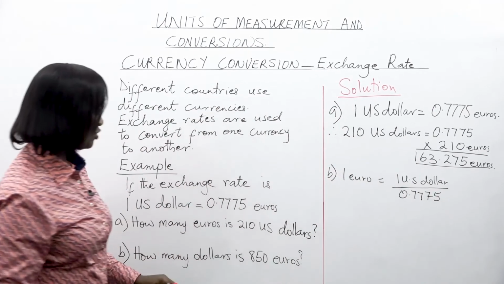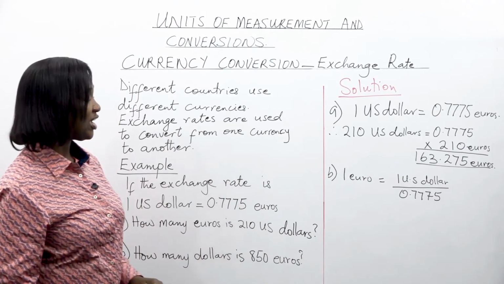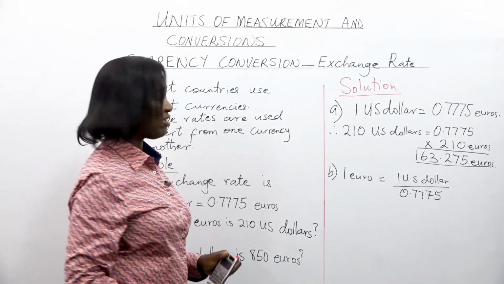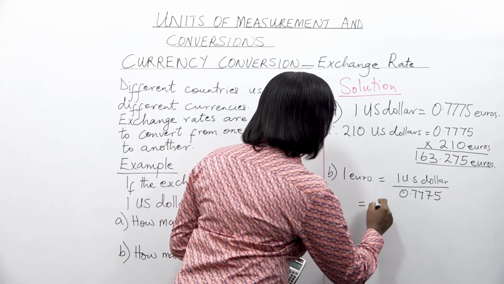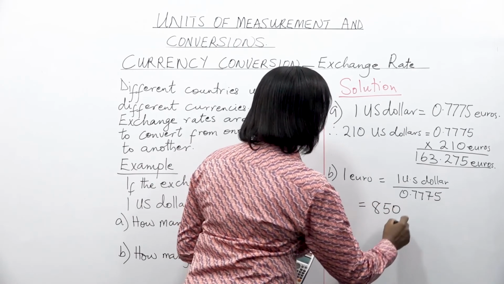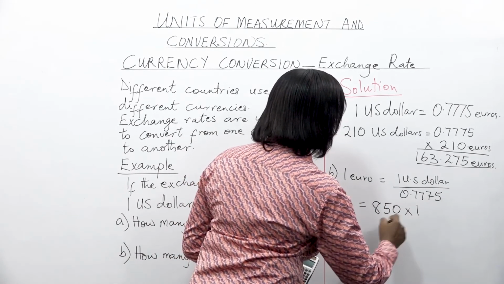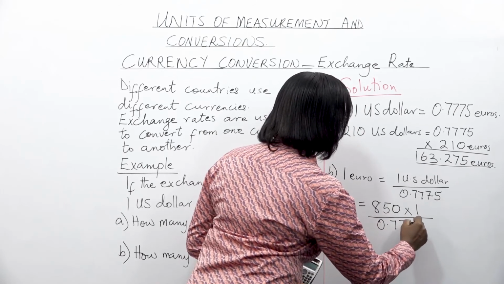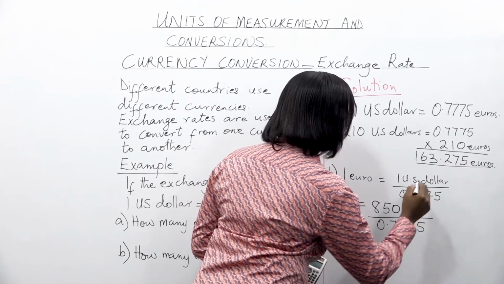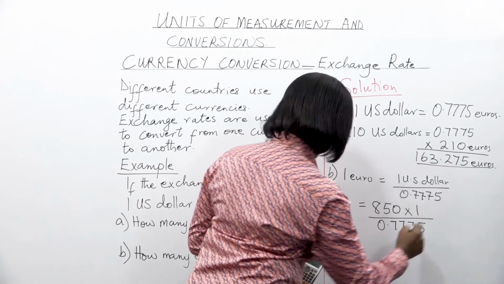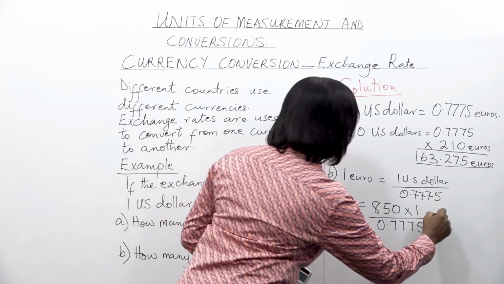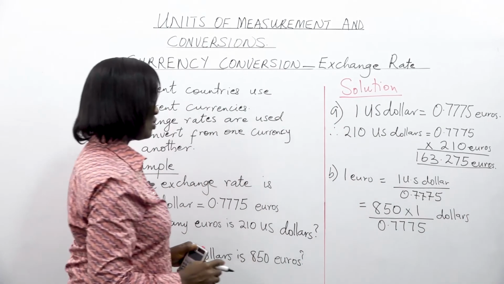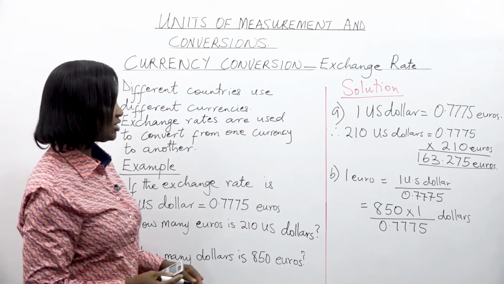So, if we are to find 850 euros now, we should multiply this by 850. So that's actually 850 times 1 over 0.7775. Remember, we're converting from euros to dollars.